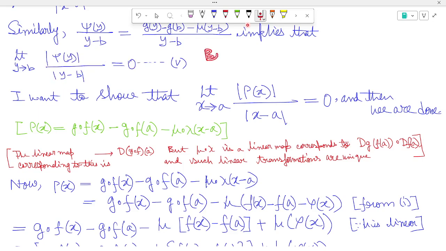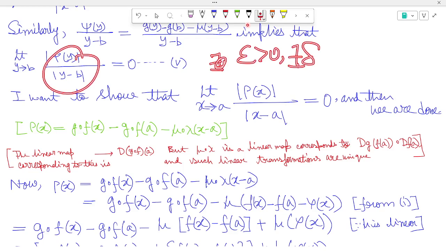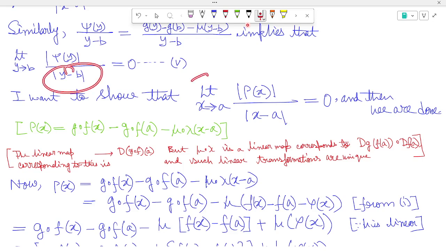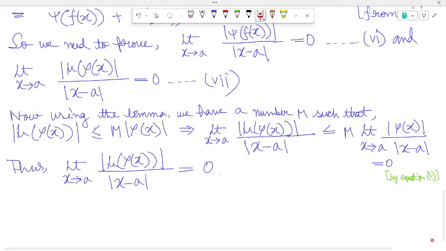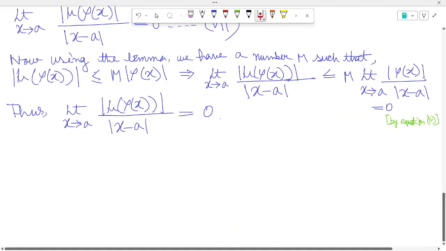Limit means, by definition of limit, if that goes to 0, then for every epsilon greater than 0 there will be a suitable lambda such that this minus 0, since the limit is 0, has modulus less than epsilon, whenever something is less than lambda. This is the definition of limit.